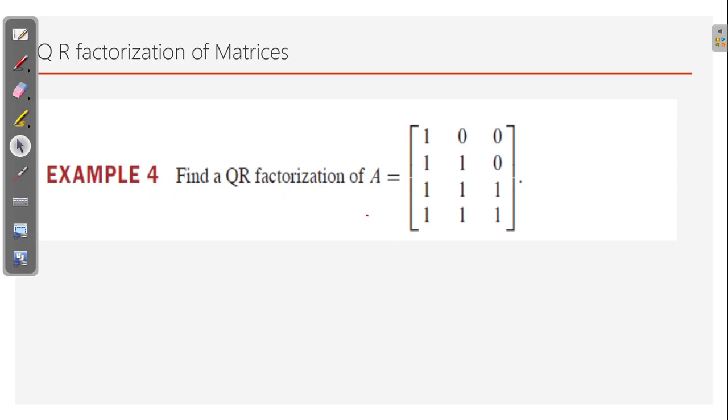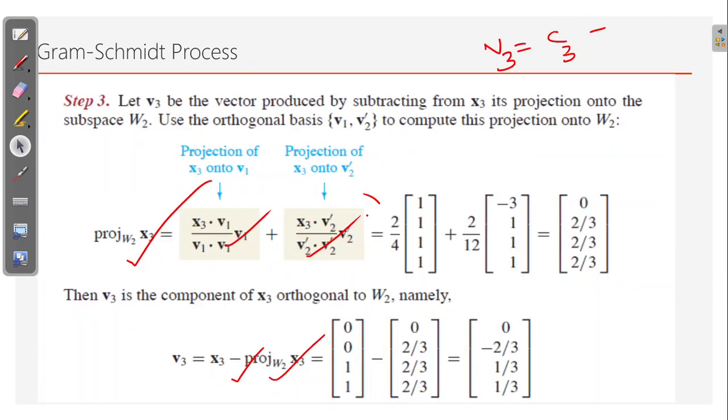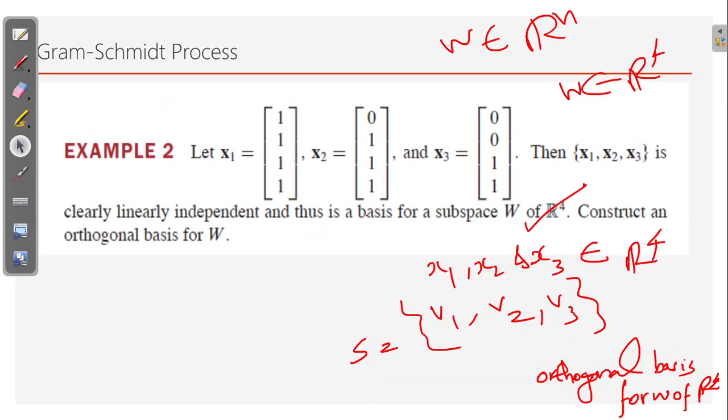Suppose we have the matrix A, which is formed by x1, x2, and x3 in example 2.